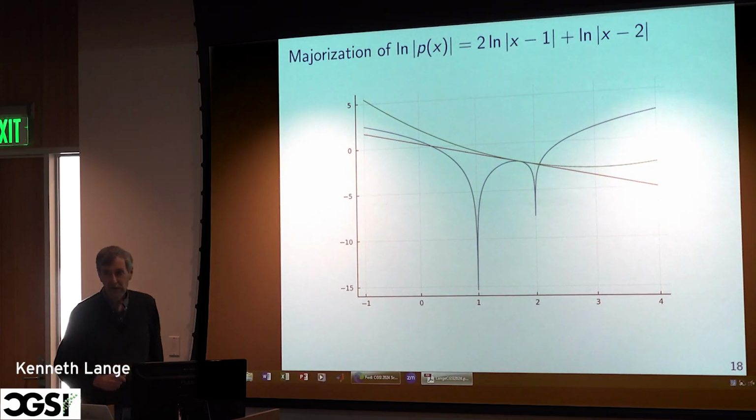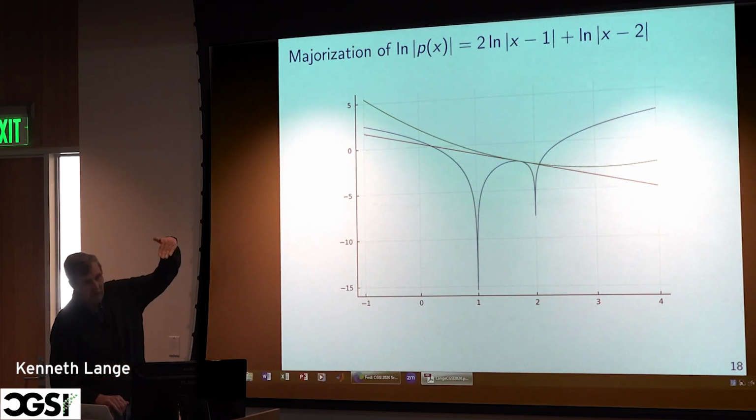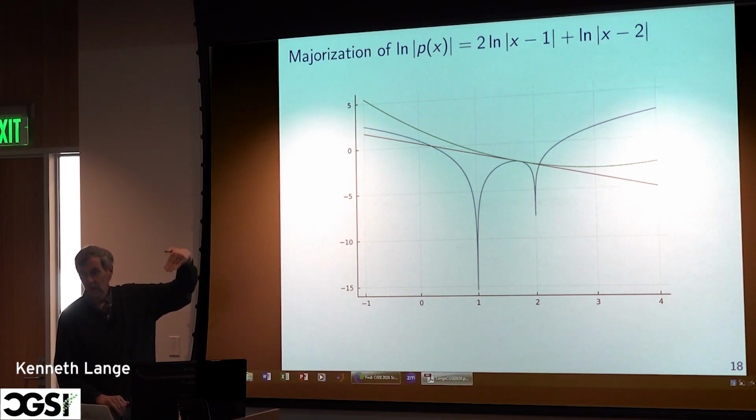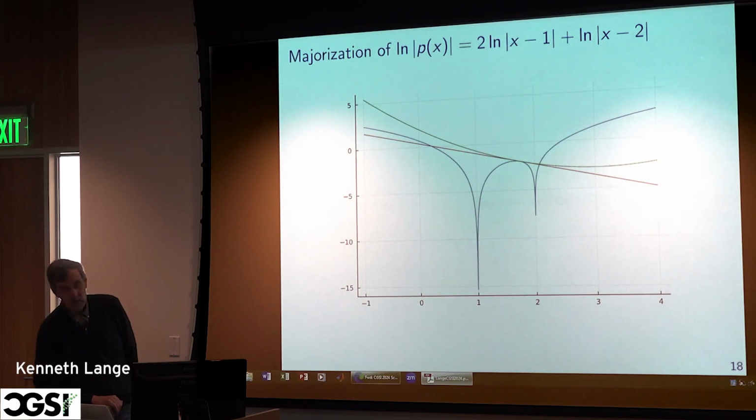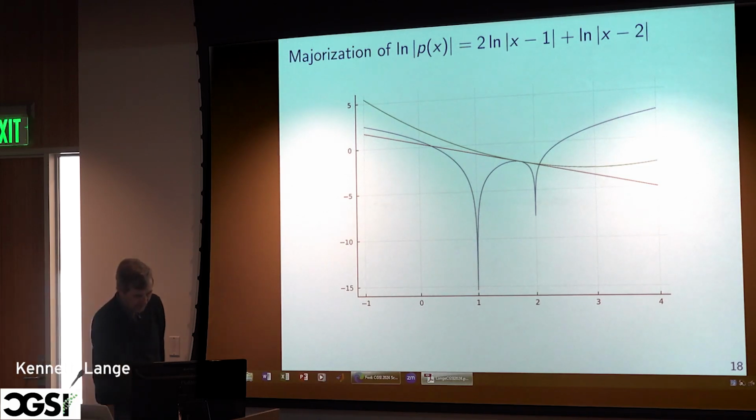And you can put a tangent line to any concave function that falls above the function. Unfortunately, if you want to use a linear surrogate, that linear surrogate has no minimum. So we have to deal with that.